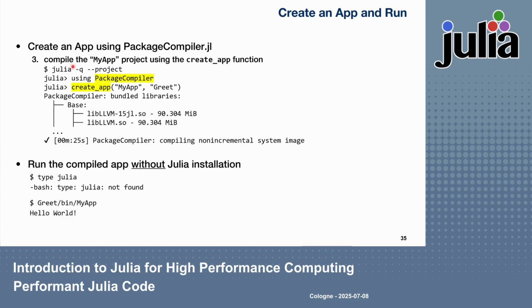And then the third step, and also the very last step, is to just compile or create your application. But during the creation of your application, unlike C or Fortran, where if you compile a hello world from C you will have hello world in C and nothing else, here you will have some extra libraries like libLLVM and so on, with large size, because these are the dependencies.